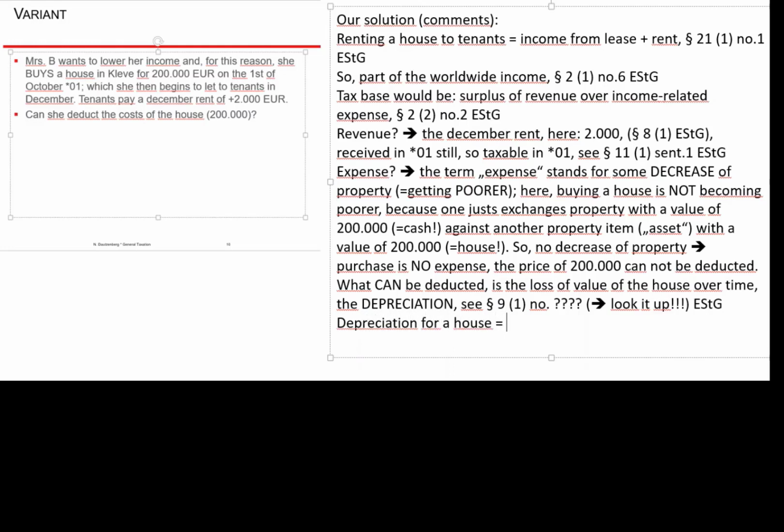The basic idea is price divided by years of useful life, but the special rule for houses in German law is, because it's difficult to prognosticate the exact future life of a house, German law just wants to avoid disputes and just says, let's take 2% per year.